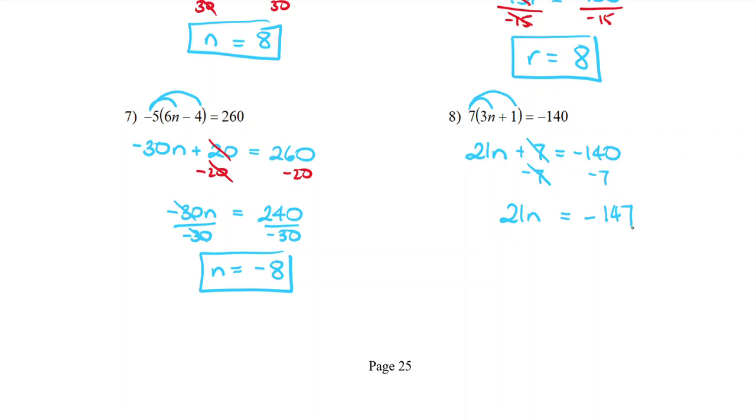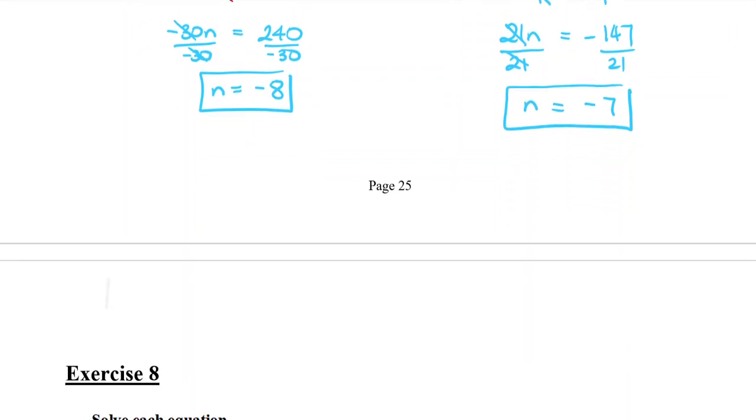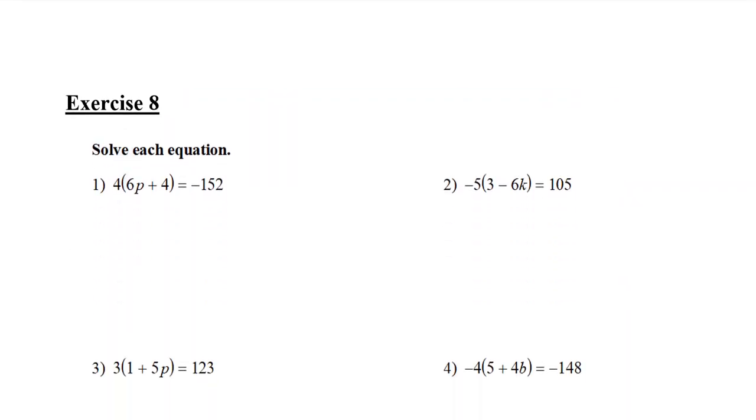Yeah. Okay, then divide by the 21, and we get n equals, is it going to be 8 again? Not quite. Minus 7. It's pretty close. Lots of numbers, lots of answers very similar there. Okay, exercise 8.